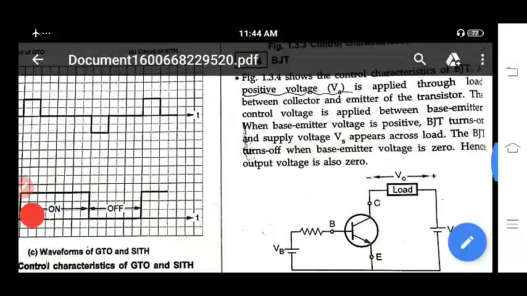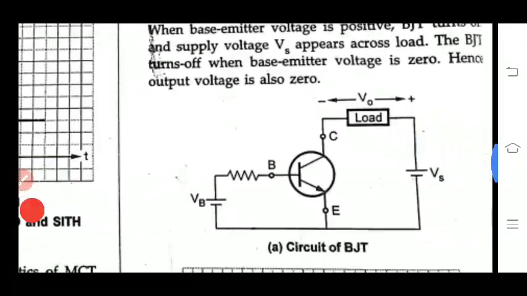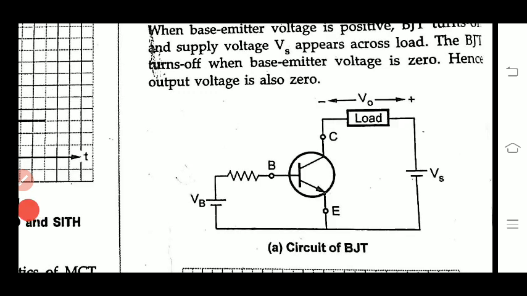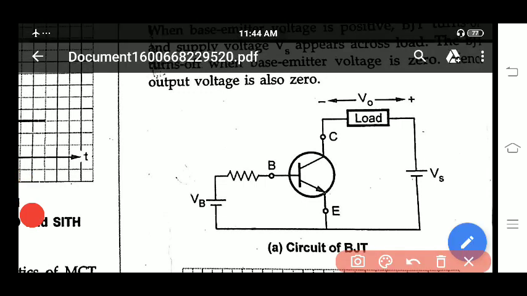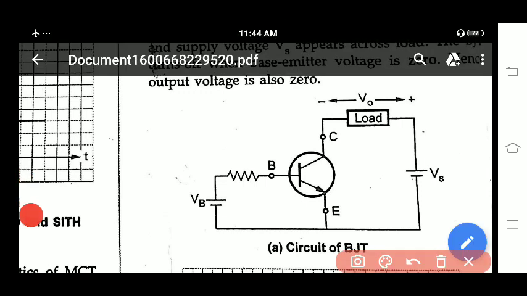Next component is BJT. You know that BJT is nothing but bipolar junction transistor. If you want to make this BJT on, you need to apply voltage across base to emitter terminal, and you will control this base to emitter voltage using VB.